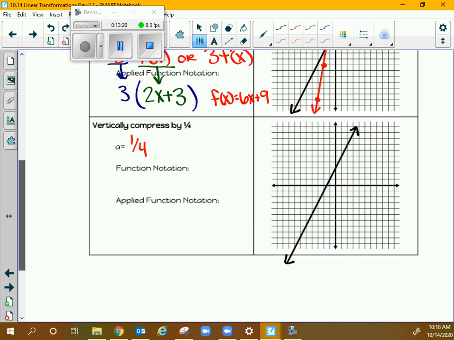Any guesses at what my function notation would be? 1/4 f of x.